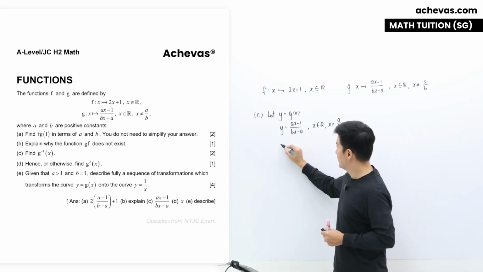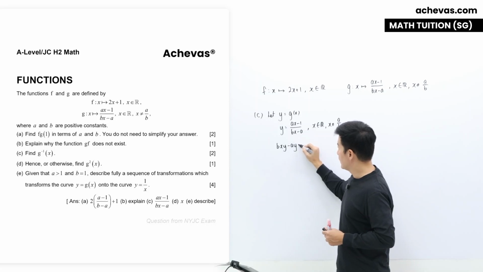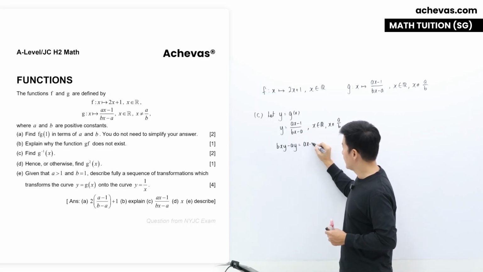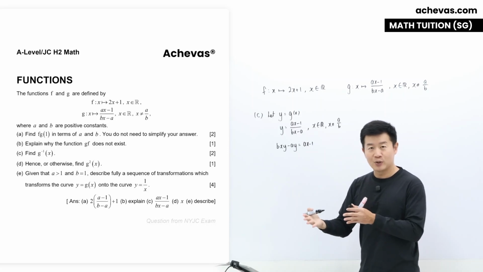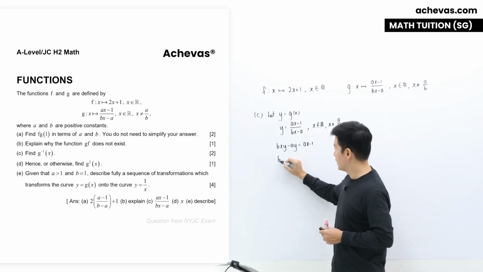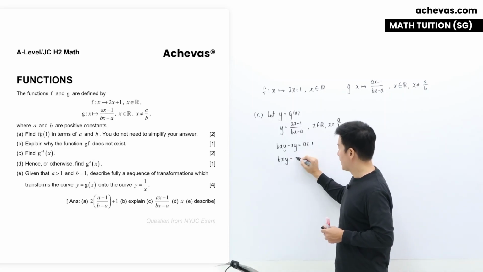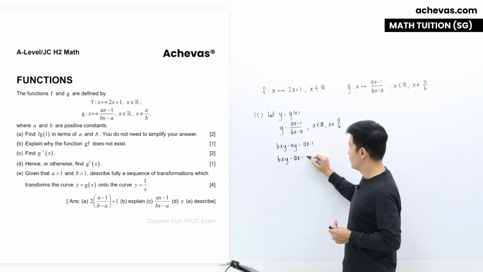So cross multiplying this, we have bxy minus ay is equal to ax minus 1. I'm going to bring all the x over to one side and all the y over to the other side. So we have bxy minus ax is equal to ay minus 1.